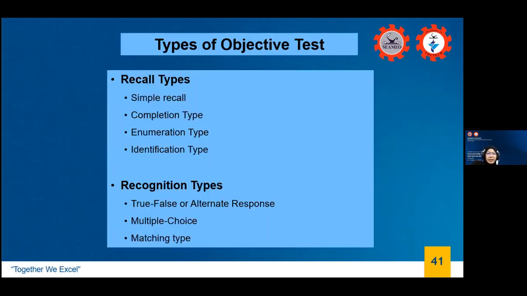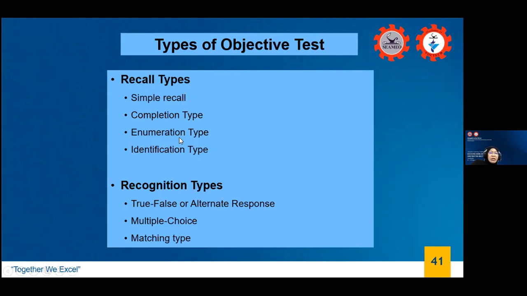Now look here, everyone. What are the types of objective tests? You have simple recall, completion type, enumeration type, identification type. Simple recall is just a matter of recalling. Later I'll explain it better. Completion, from the word, you are to complete something that is not there.